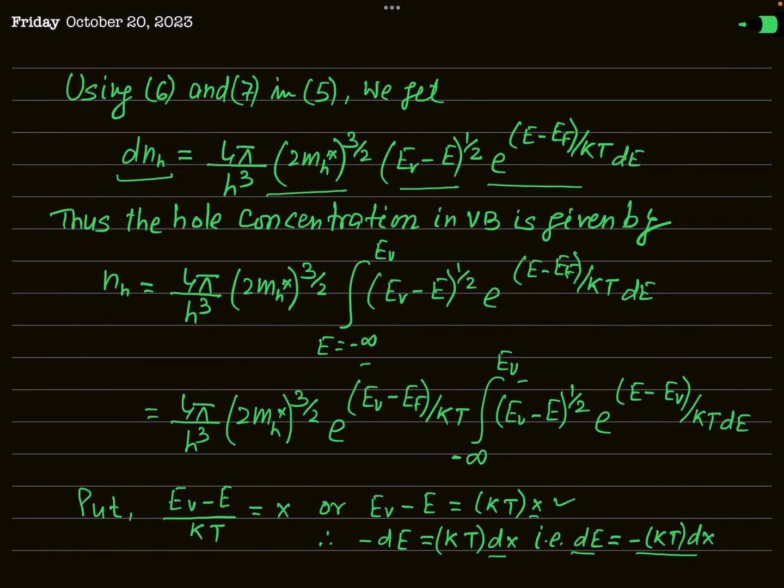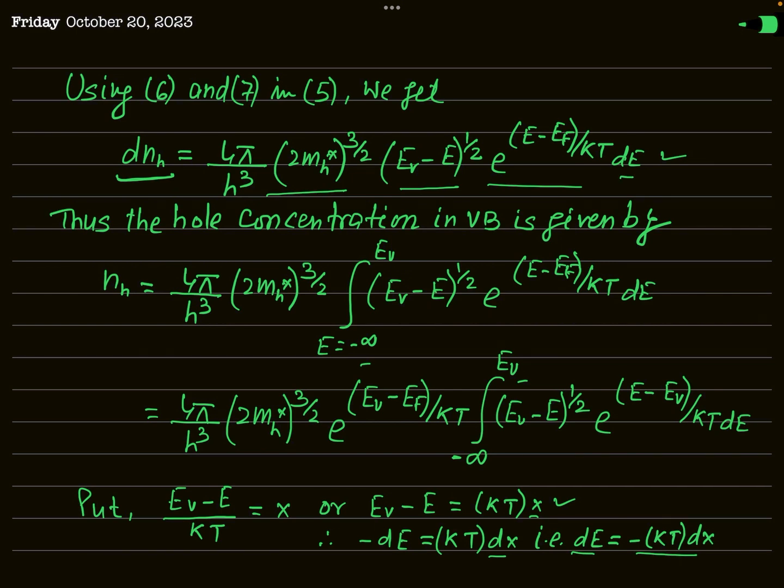In this way, we have obtained the number of holes in unit volume whose energy lies between E and E plus dE. Now, integrating this equation between the appropriate limits, we can find the total number of holes in unit volume of the valence band. How can we find it?